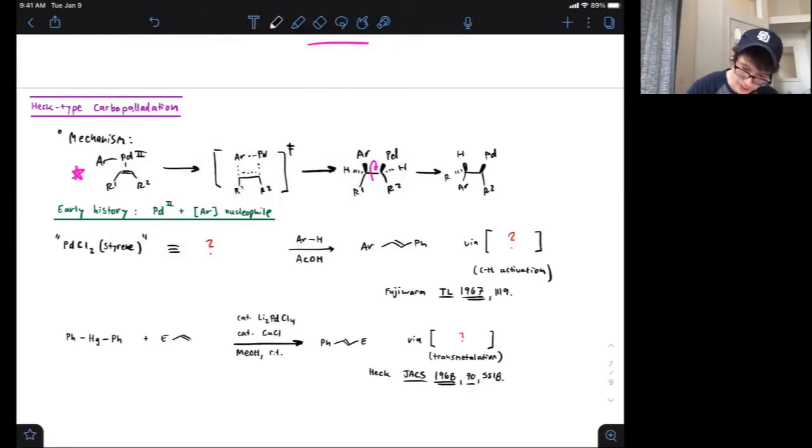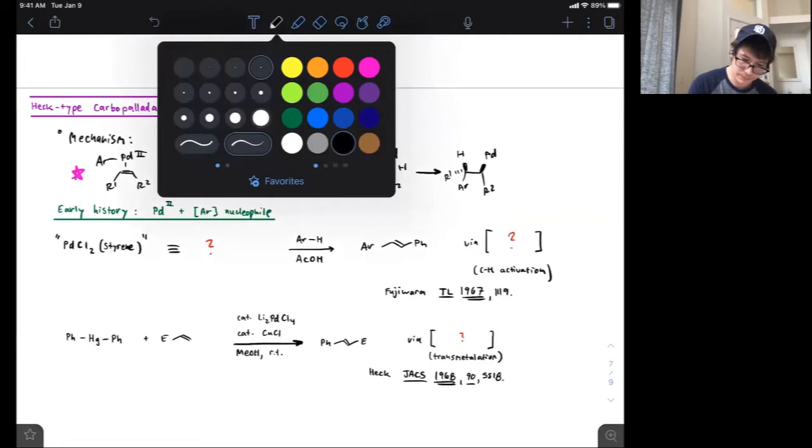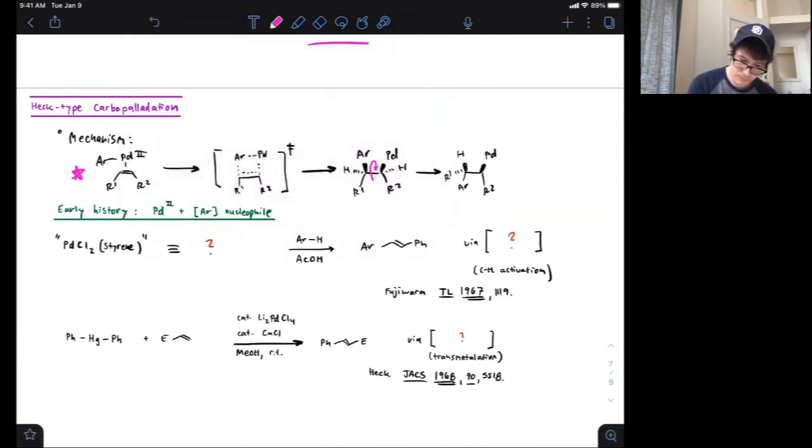It's required to position these in a syn relationship to one another, which is a prerequisite, at least for classical beta hydride elimination.